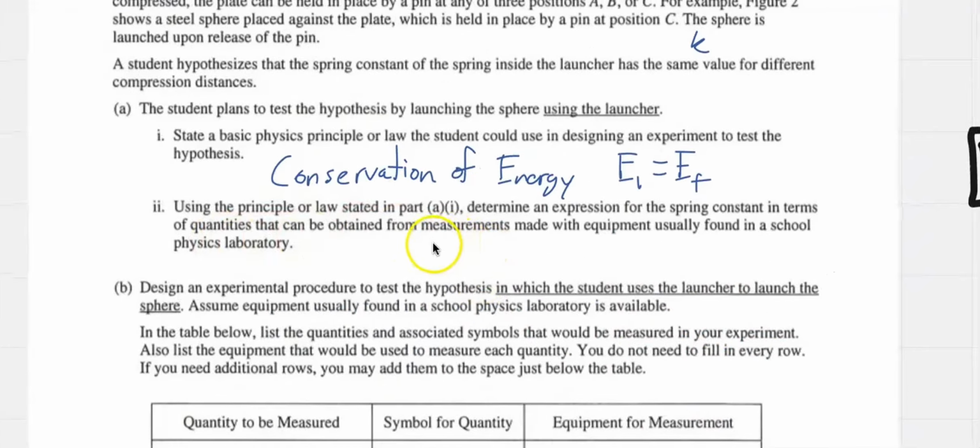So using this principle or law, determine an expression for the spring constant in terms of quantities that can be obtained from measurements made with equipment usually found in a school physics laboratory. So starting from conservation of energy, initially there's only spring potential energy, which is 1/2 kx squared, and that's going to equal the kinetic energy, 1/2 mv squared.